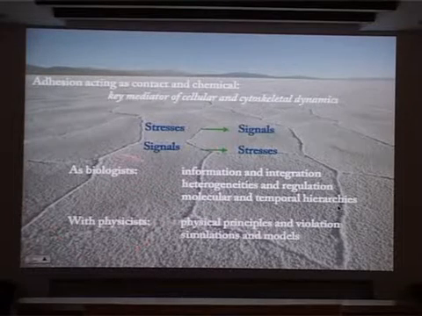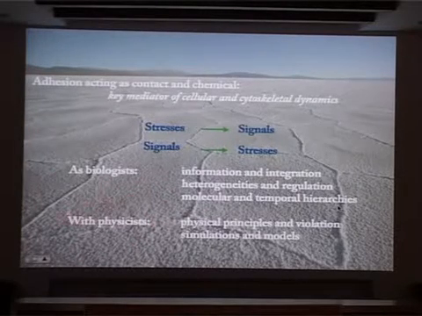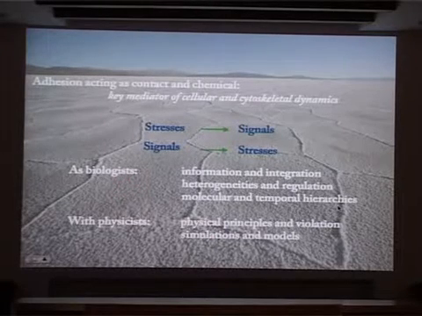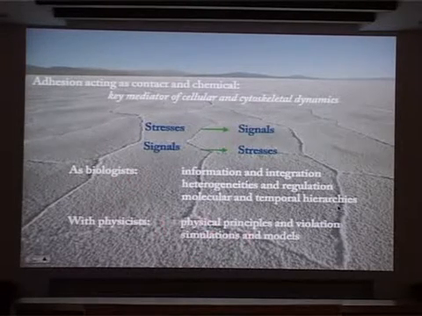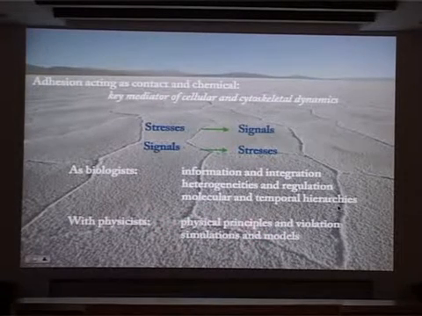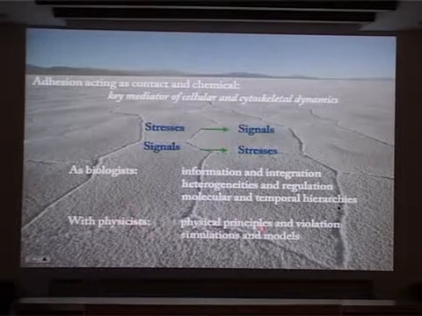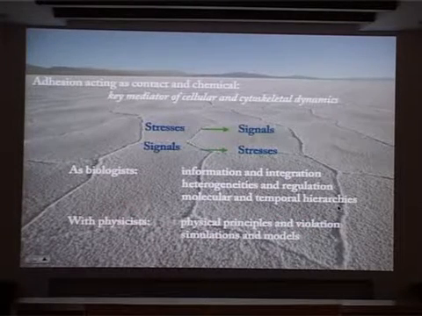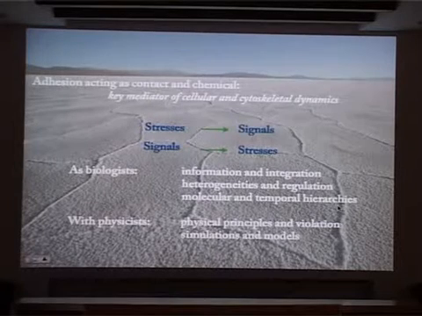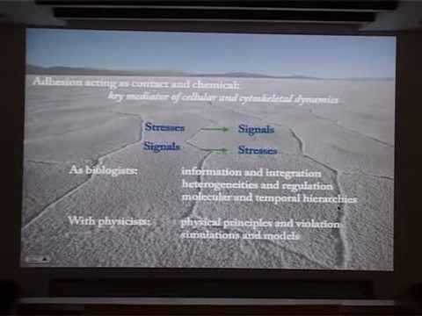And what we're kind of striving to do with physicists is really to understand how these molecules feed into the physical properties of cells and what allows these cells to violate those properties. And I will just end there and take any questions.